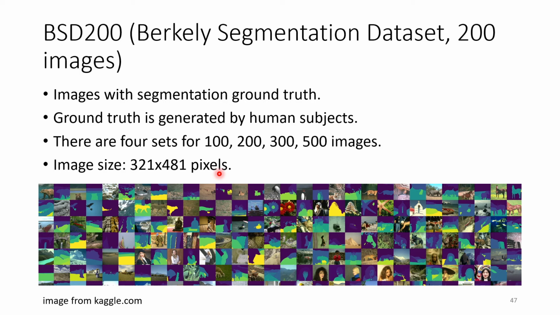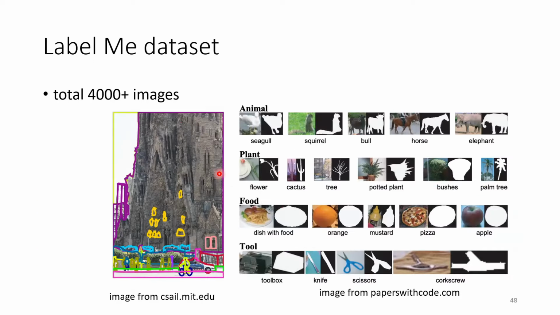So the number of images is not sufficient, so I use another dataset. It's called the LabelMe dataset. There are more than 4,000 images. Why is it called LabelMe? Because in the beginning, it is a web tool to label images.